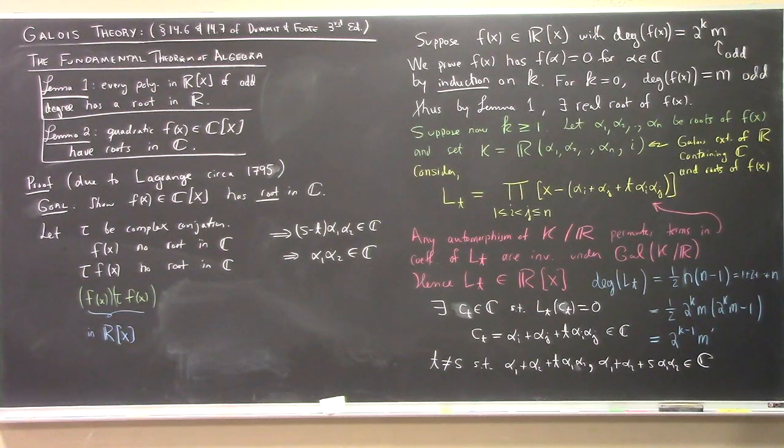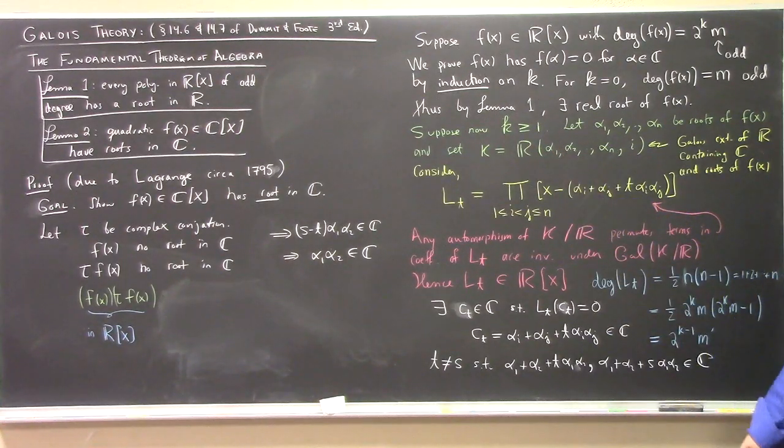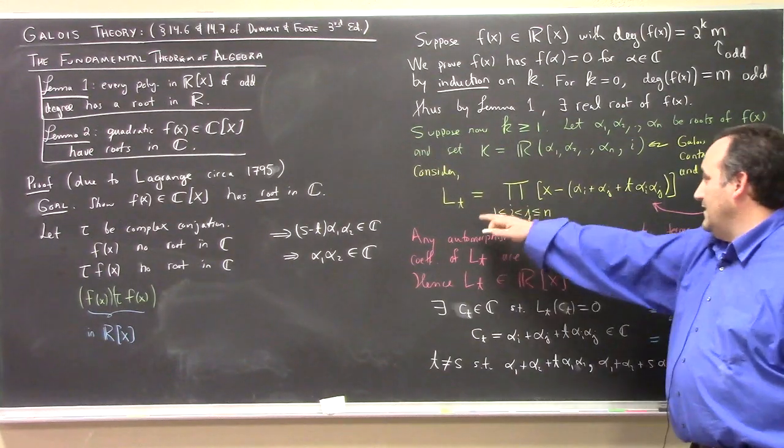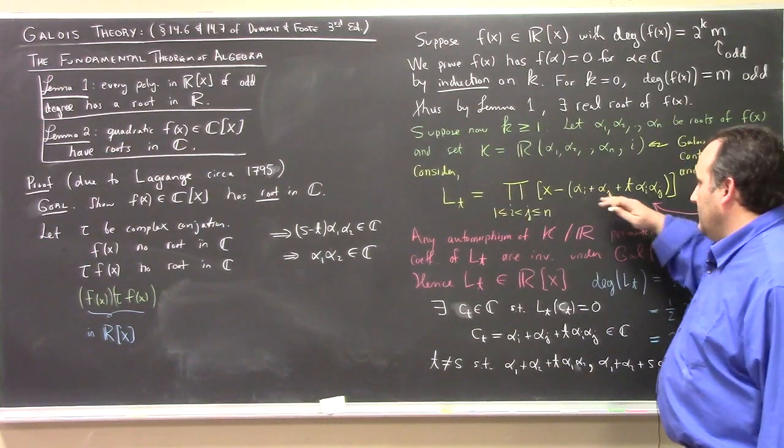And that's for arbitrary alphas, right? Well, that's for alpha 1 and alpha 2, the first two roots in the splitting field. You can do this for any t. For any t, there has to be a choice of i and j in here which is a complex number.